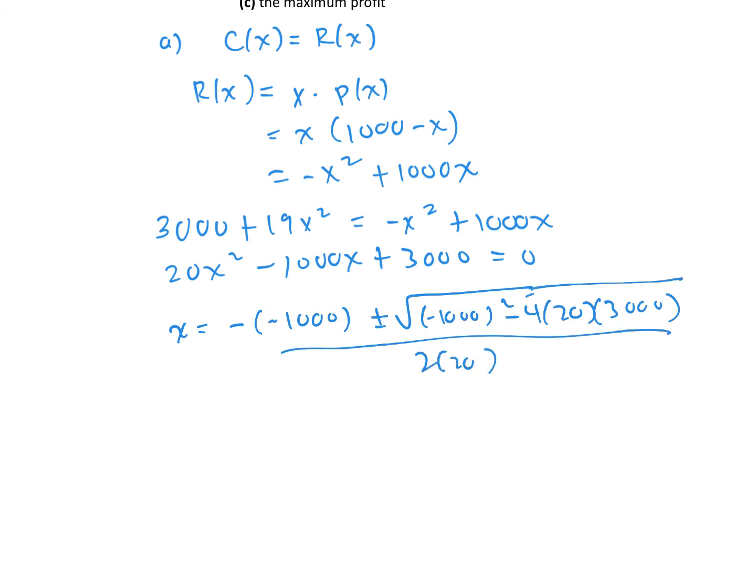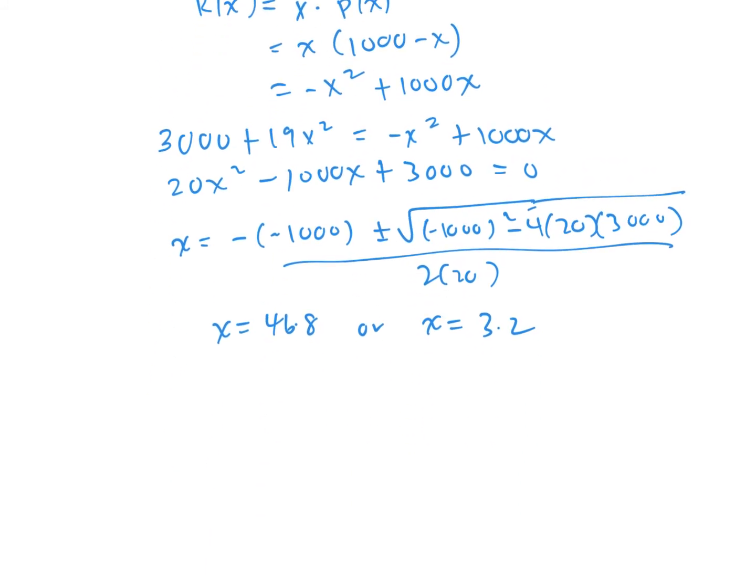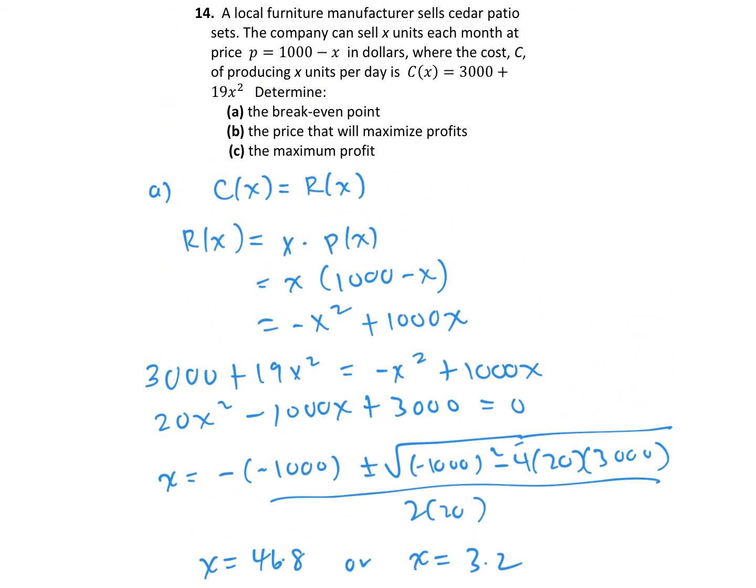So plug all those numbers in. And x works out to be 46.8 or 3.2. So the question says the break-even point. So the break-even point would be either selling 46.8 items or 3.2 items.